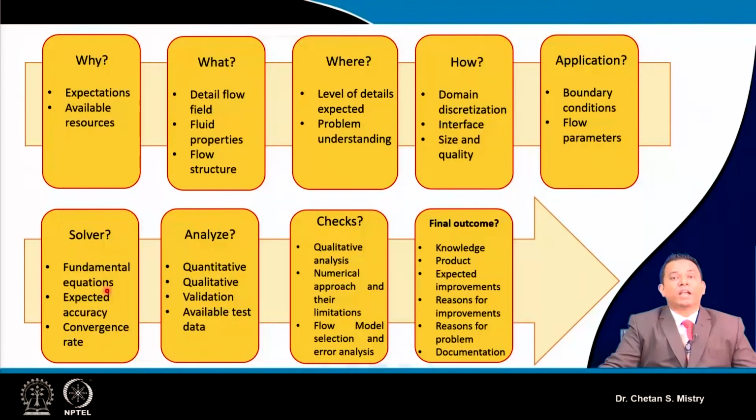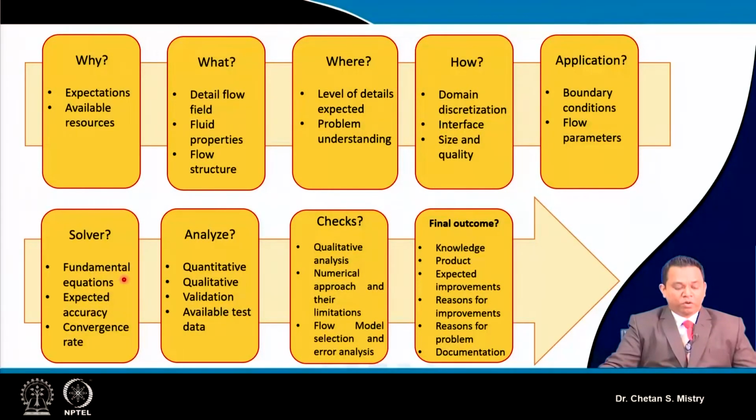Once we are solving that, based on that we are doing calculation of different parameters or properties, in terms of pressure, temperature, change of density, change of velocity, all those parameters will be coming into the picture.